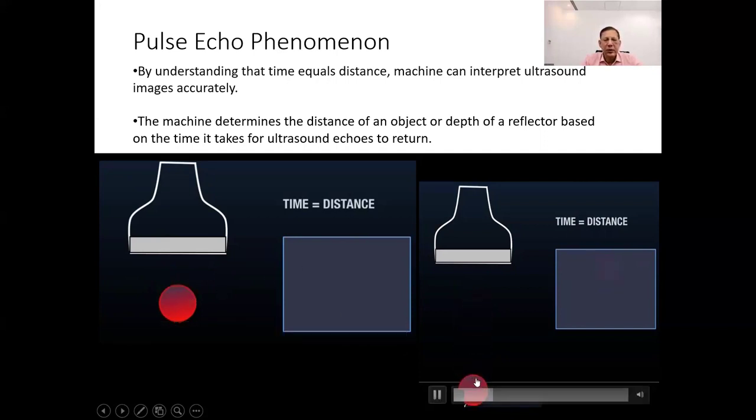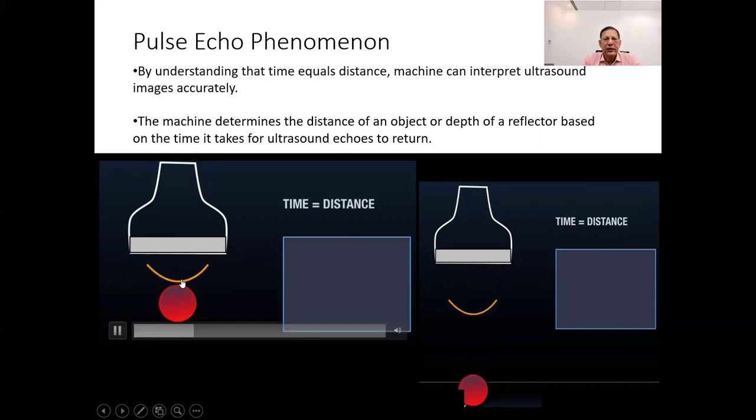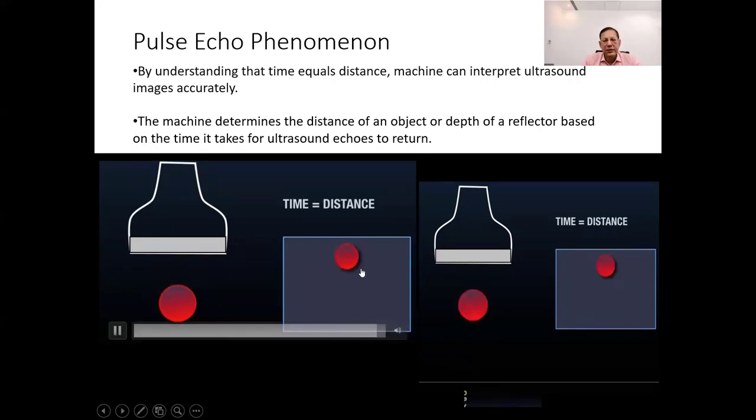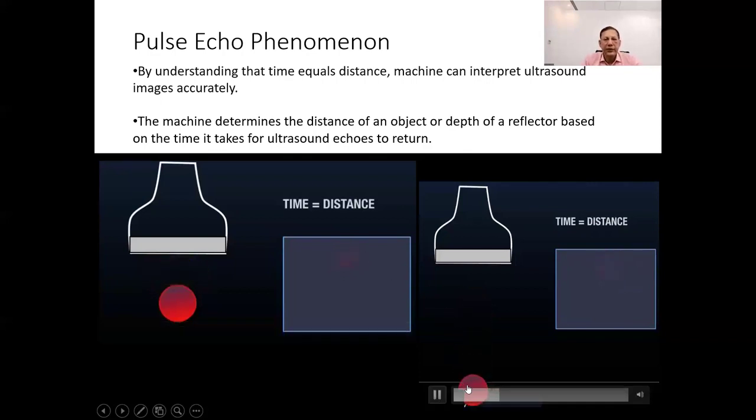If the structure is close to the probe, the time for the echoes to return is relatively short. The ultrasound machine interprets this short time as an indication that the object is close to the probe. Consequently, the machine represents the image of the object near the top of the screen. Conversely, objects that are further away from the probe are displayed in the far field, closer to the bottom of the screen.